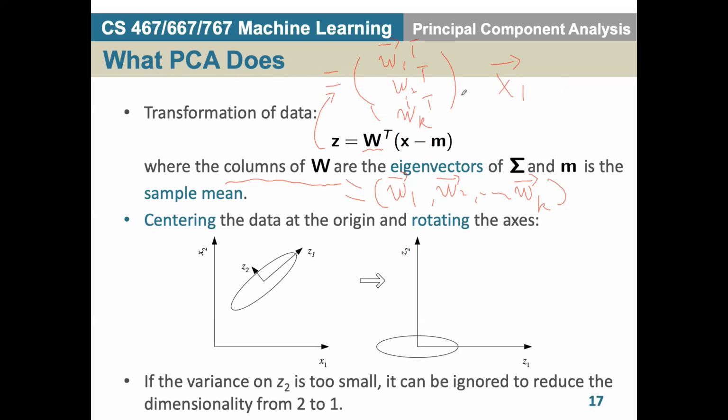So if you write it out, this is X. This is maybe your X1, this is a coordinate XD, and this is your new dimension, Z1 to Zk. So let's see what's the relationship. You can easily see that the first row times the first column equals Z1. The second row times the first column equals Z2. You only have one column.